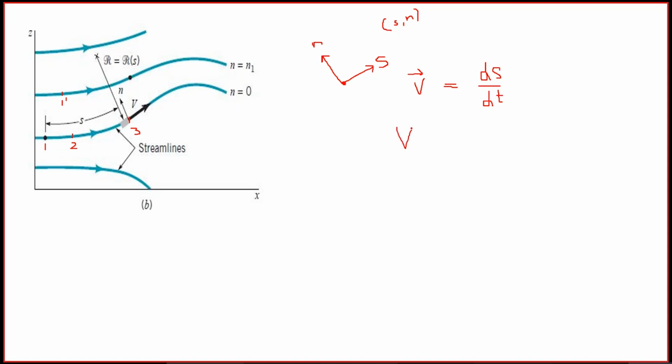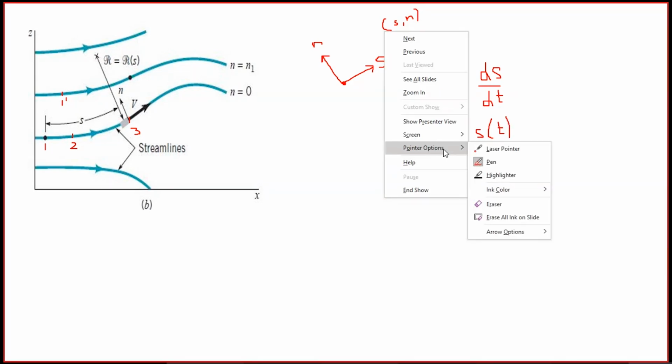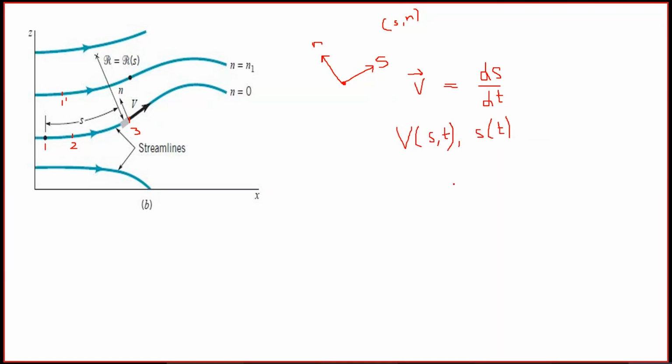Now velocity is a function of s, the s coordinate, right? And s is a function of time, because s is changing with time. And we also know that velocity is a function of time as well. Is it clear? Yeah. Velocity is a function of s and t, and s is itself a function of time.